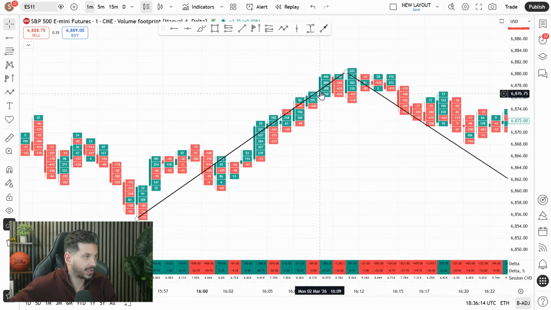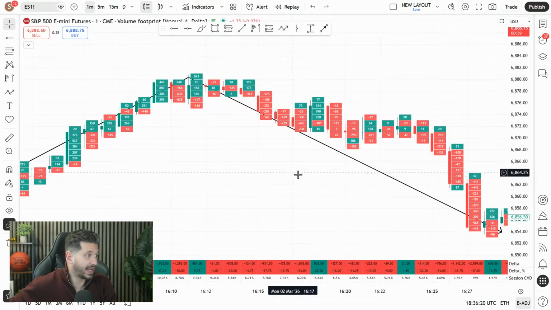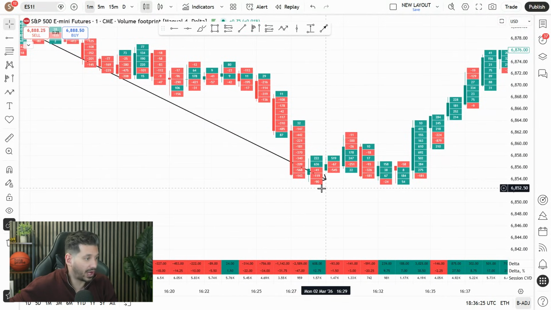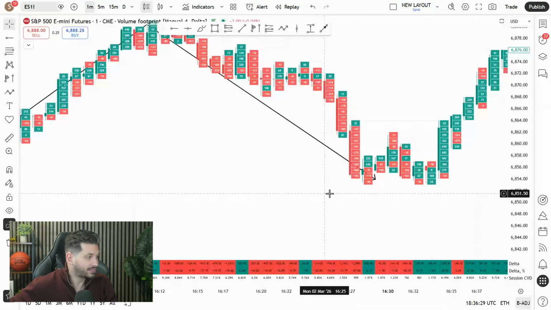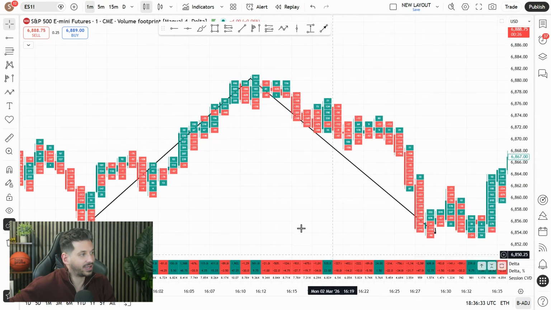In this move up, an extra 1,800 buyers pushed the market up that much. Sellers, on the other hand, went from 9,300 all the way down to 1,000, basically 1,000 flat. So 8,000 extra sellers in the same move down.